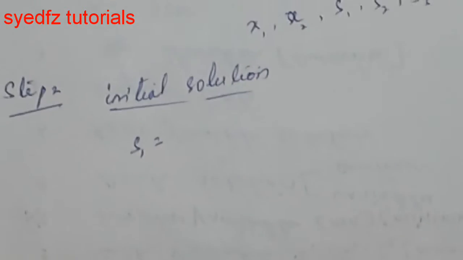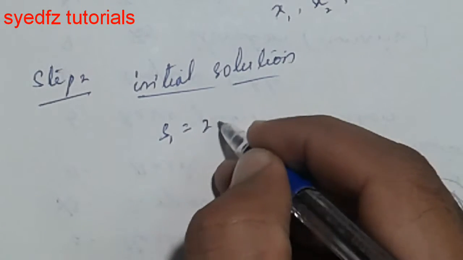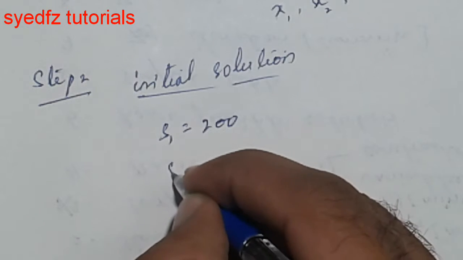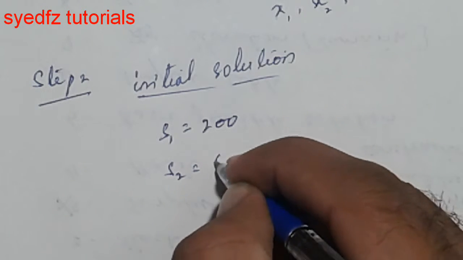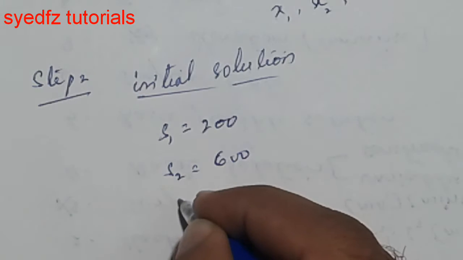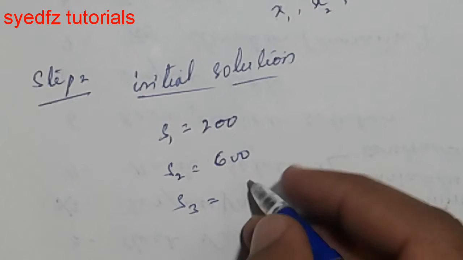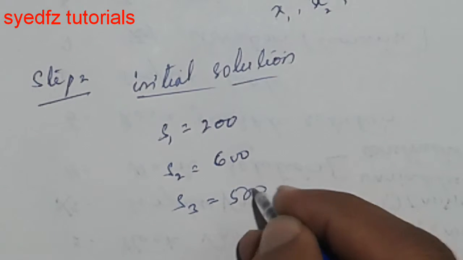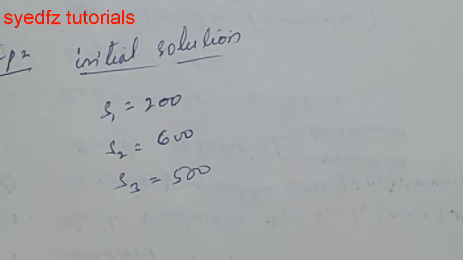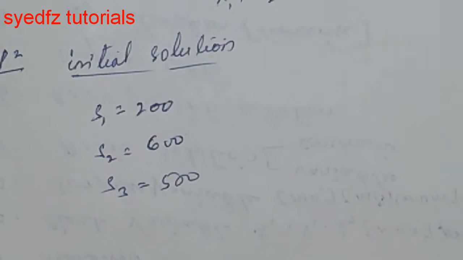So take here S1 200, S2 600 and S3 is 500. Okay, so now draw a simplex table. Basic variables are S1, S2, S3.